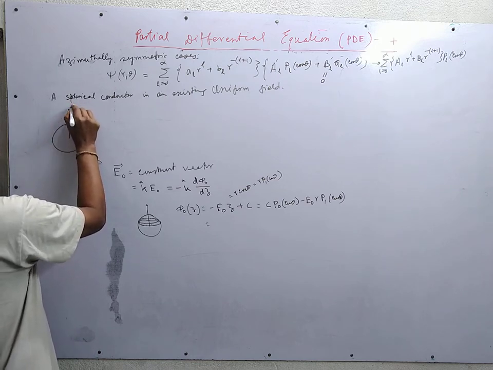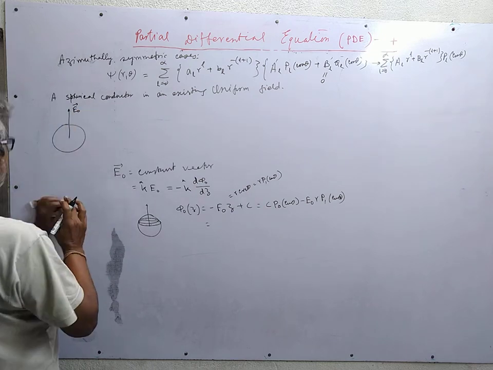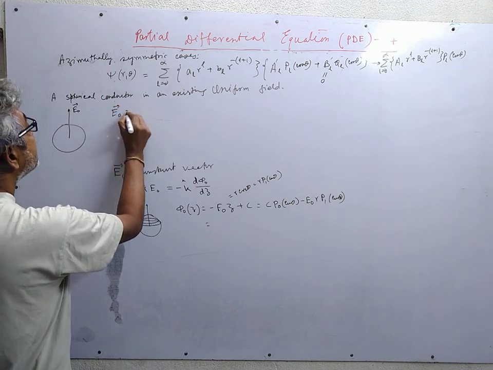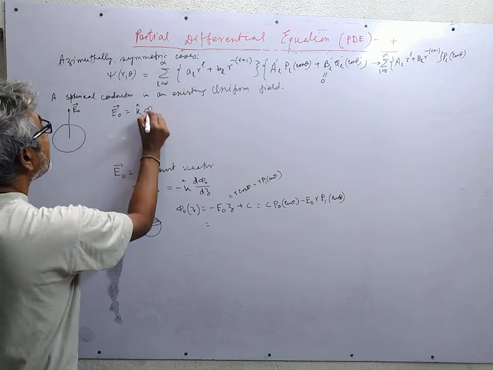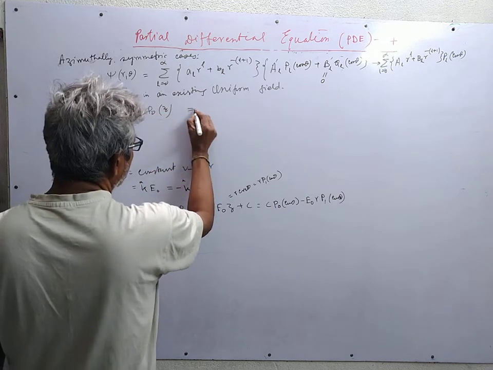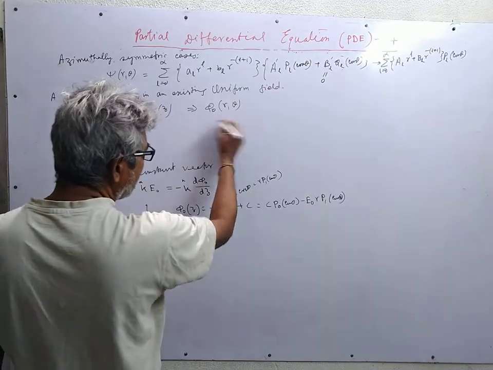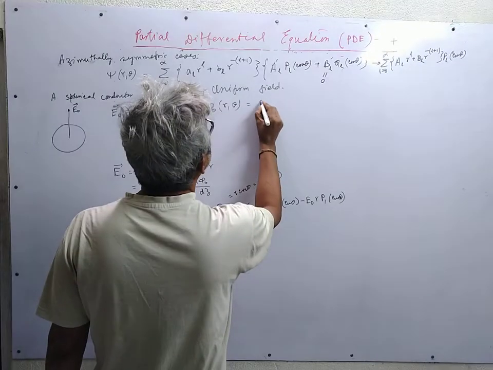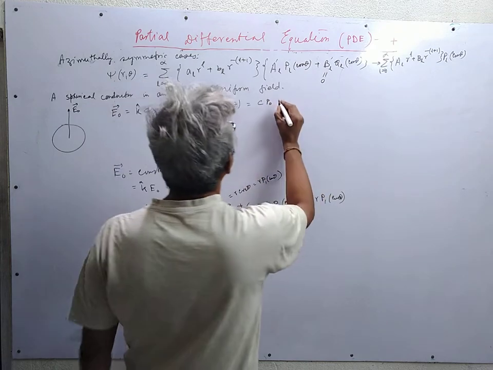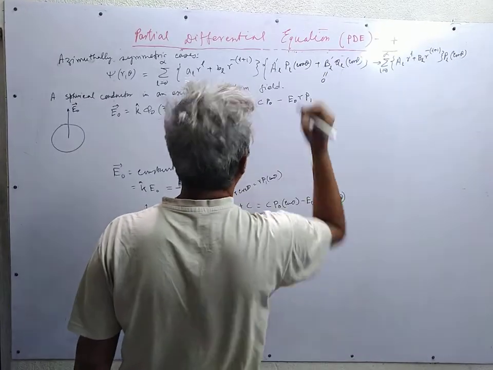This is the uniform field E0, and the potential given E0 we write as phi 0, where phi 0 in terms of r, theta is given by C minus E0 r P1 of cos theta.